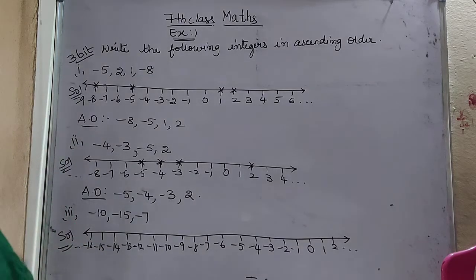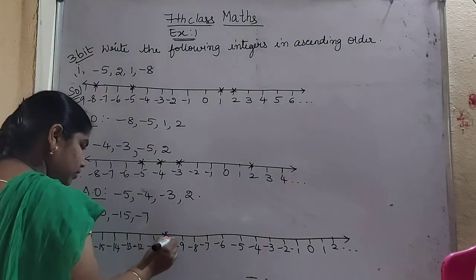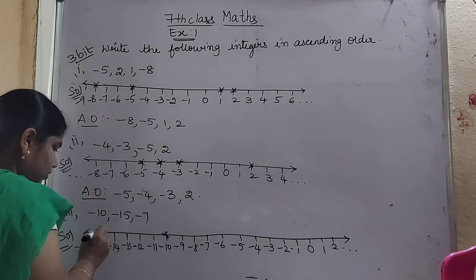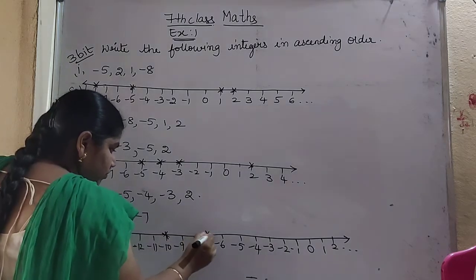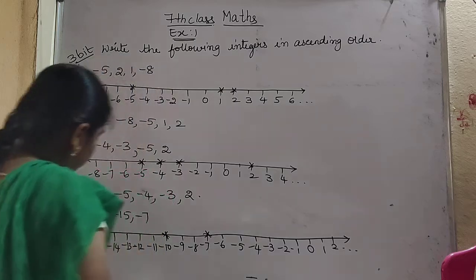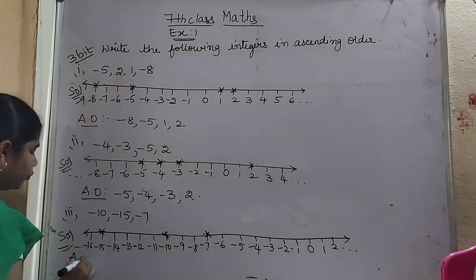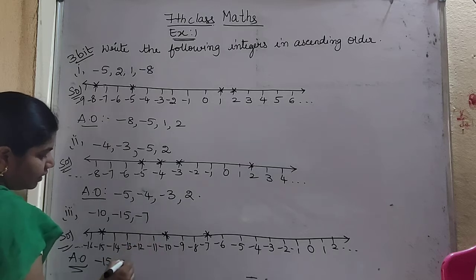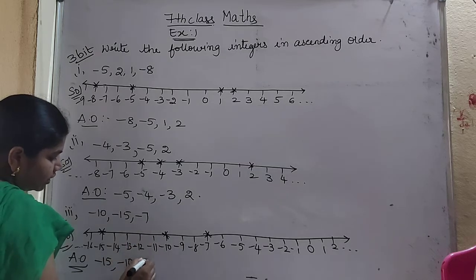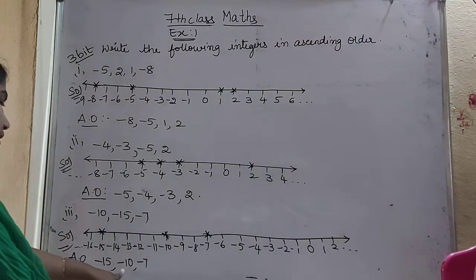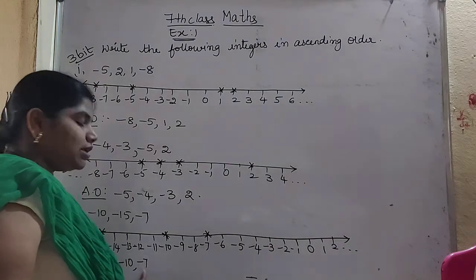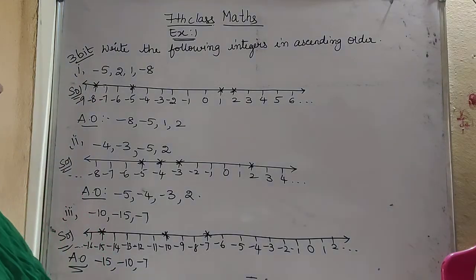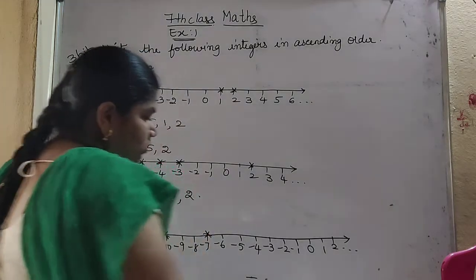First you mark the values. -10 here, -15 is here, -7 is here. So arrange them now in ascending order, that is from left to right. So that will be -15, -10, -7. -15 is less than -10, -10 is less than -7. So this is our arrangement of ascending order. Okay, so next bit.